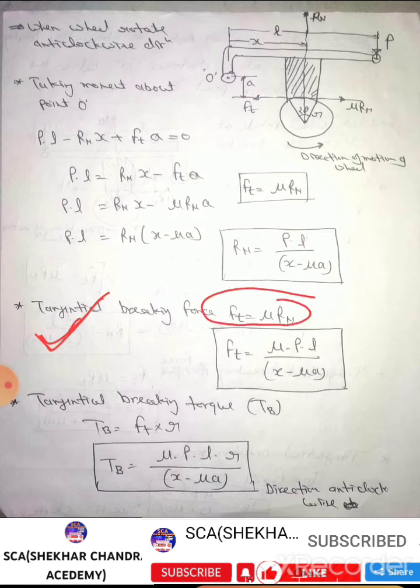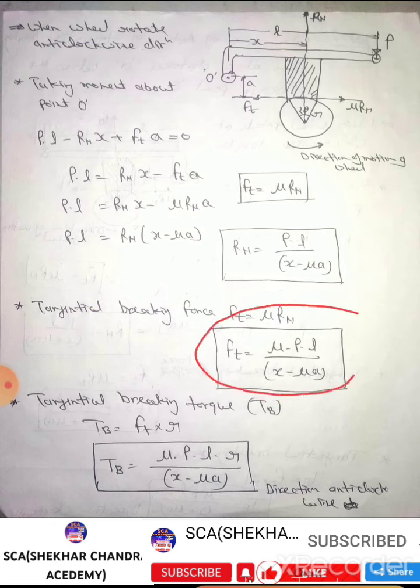This value of Rn is put into the braking force equation. So we can obtain the value of braking force Ft equal to mu P L upon X minus mu A.